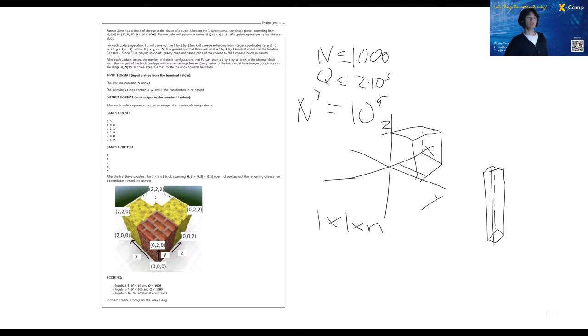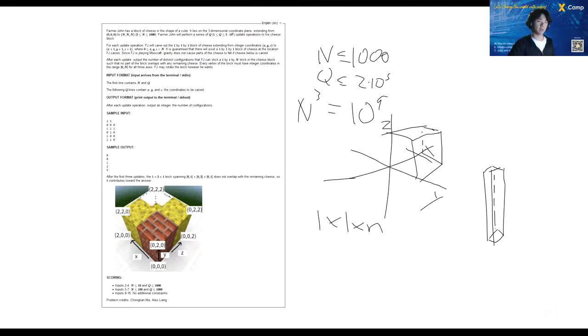The other thing to note is that if we decide to put a block in the direction of the y-axis, that means that along this entire block, x and z are fixed, and only y changes, right?